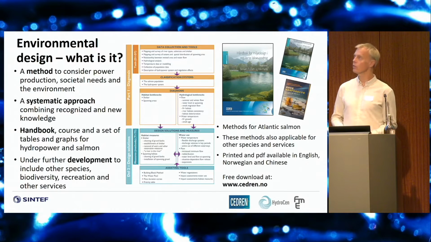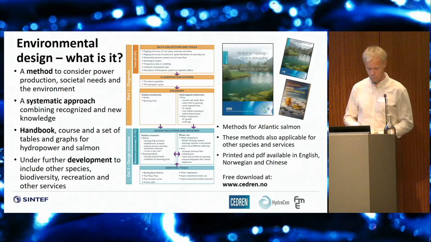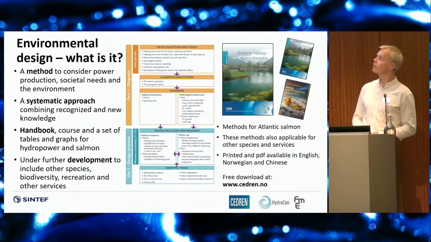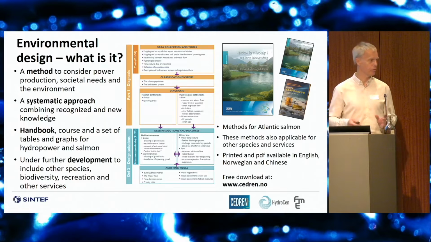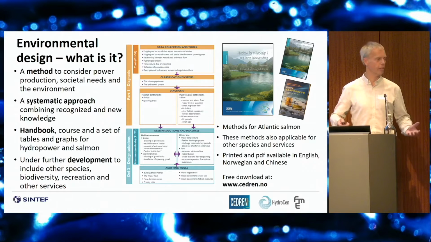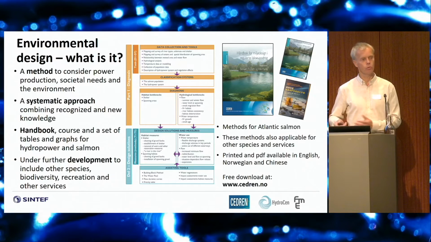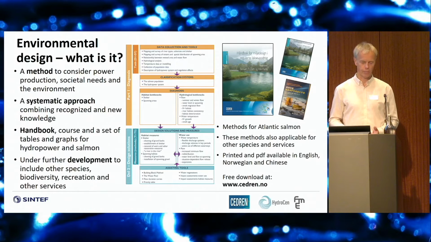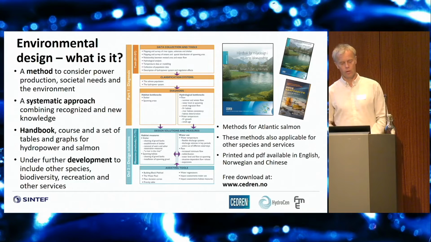As you can see here on the side, in the middle there, it's a lot of tables and graphs and things like that to help those who are using the system doing it systematically, putting together mostly recognized knowledge, but also new knowledge.